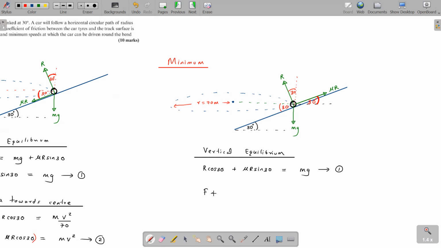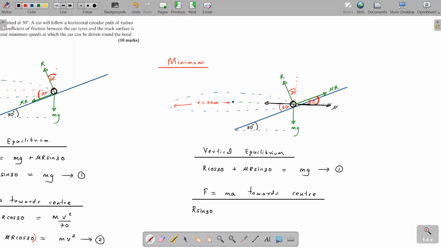And then when we use F equals ma towards the center, we have the centripetal force. Guys, you can see, R sine 30 is acting towards the center. But mu R, you can see it's mu R cos 30.